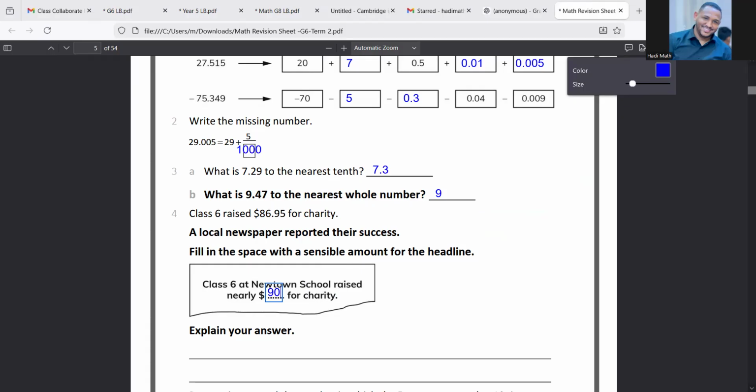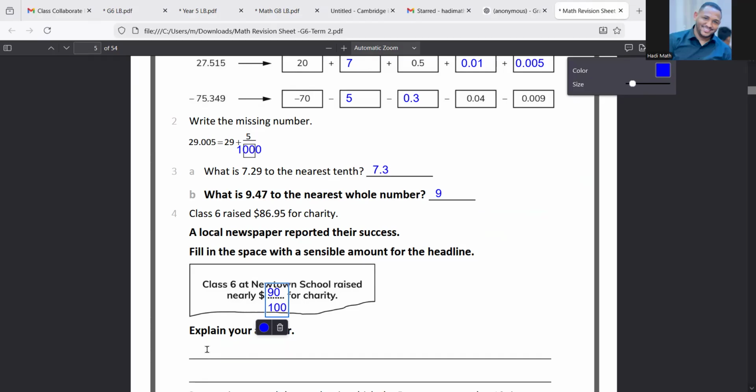Okay, explain your answer. So I could say it is better to round to the tens, so it will be easy for people. Or even, I prefer saying nearly 100. I round to the nearest 100.